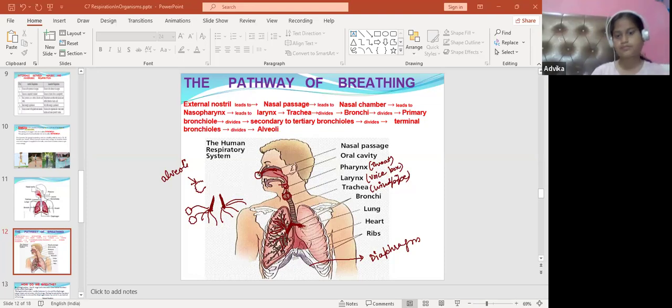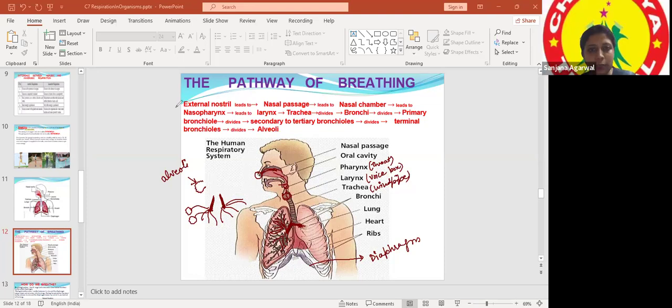Okay. Now start writing all these pathways in detail. See, I think not every part needs to be explained. Nostril, nasal passage, you can write with the pharynx, this nasopharynx. For pharynx, you can write, it is also known as throat.